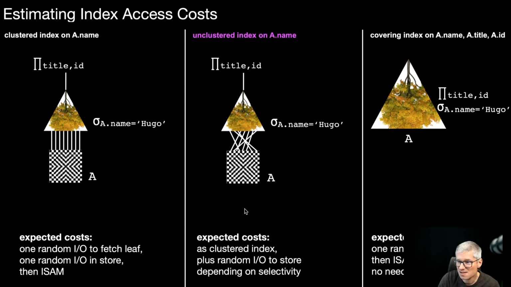For unclustered, it's a bit more complex. Here it depends a lot on how many tuples qualify. And in the worst case, as the order of the keys in the index doesn't correspond to the order of the data pages on disk, it may actually happen that for each and every arrow, every pointer from a leaf level in the tree to a data page, you trigger one random IO. Yeah?